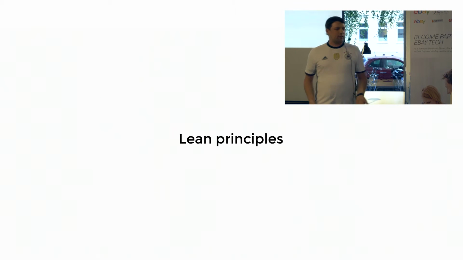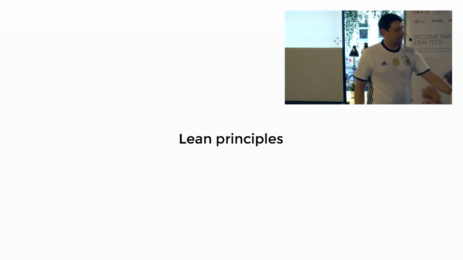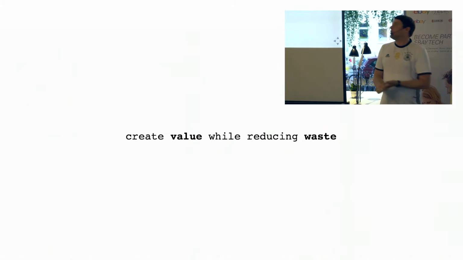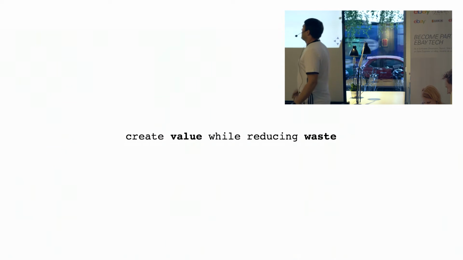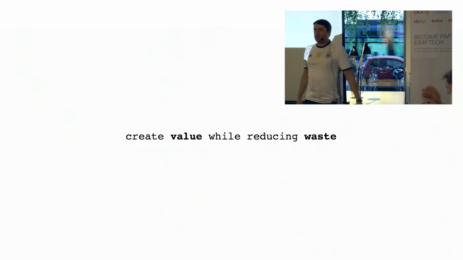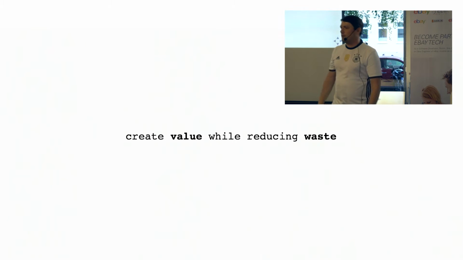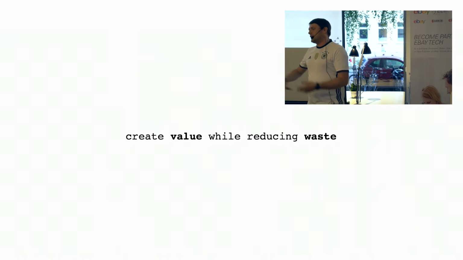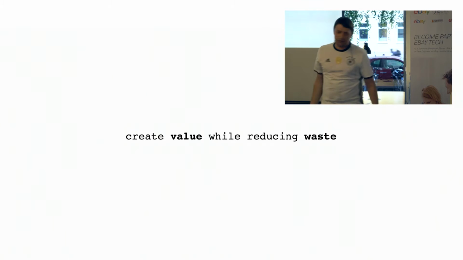Lean has something to do with some very special principles on how to work, and it's an economical thing. You can put it in one sentence: create value while reducing waste. That's basically what's behind everything that is about lean, including Kanban. So basically the idea of Kanban is to have a tool that helps you to reach this goal.